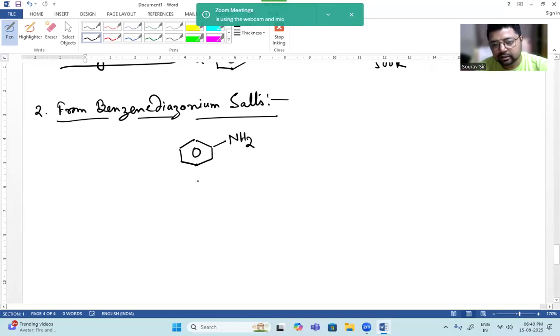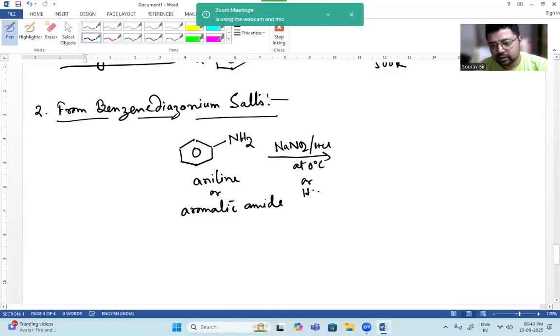This is aniline, or any aromatic amine. And to it we will add NaNO2 and HCl at 0 degrees Celsius, or simply HNO2. We will get this benzene diazonium chloride.